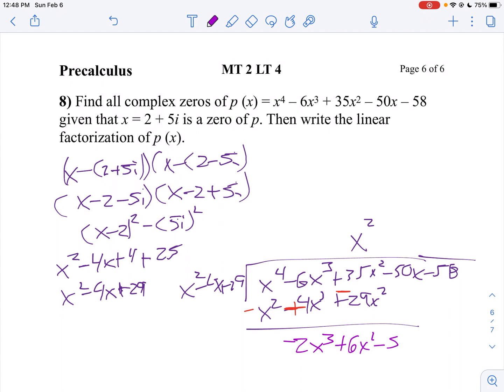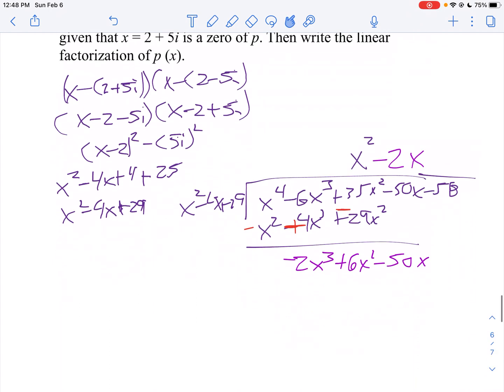Bring down the 50x. Then I multiply by negative 2 to get negative 2x cubed. So then I get negative 2x cubed.